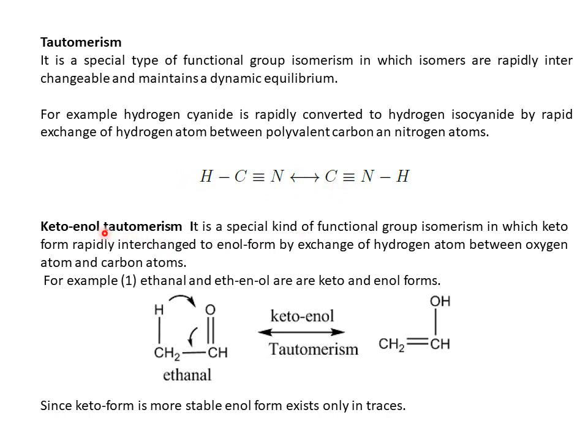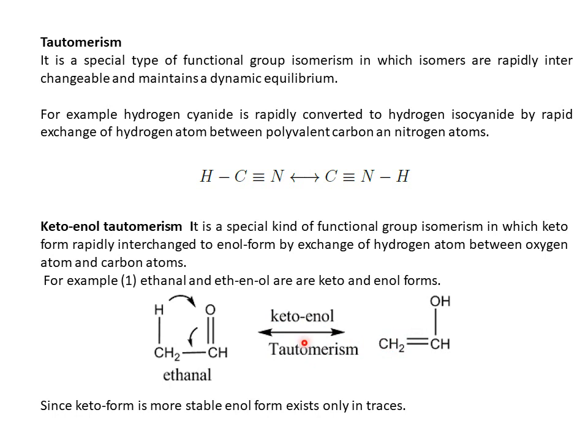So this is a type of tautomerism. Another type of tautomerism is keto-enol tautomerism. It is a special kind of functional group isomerism in which keto form rapidly interchanges to enol form by exchange of a hydrogen atom between oxygen atom and carbon atom. For example, in ethanal, the hydrogen atom present in the CH3 group can be transferred to the oxygen atom, and this process is called keto-enol tautomerism.